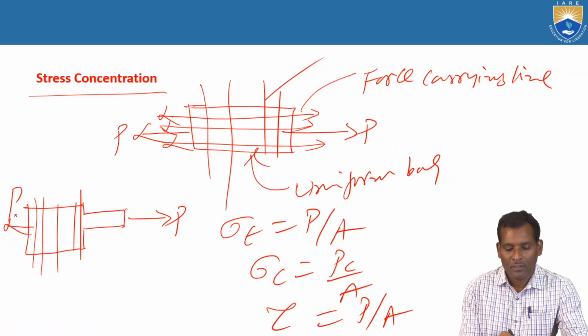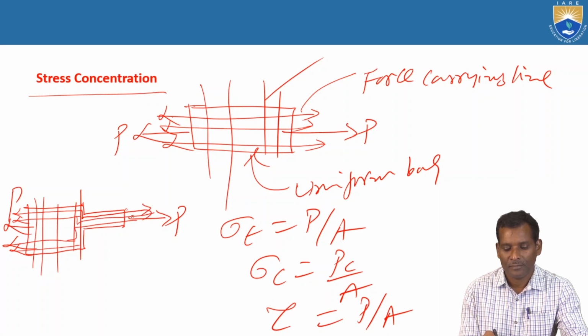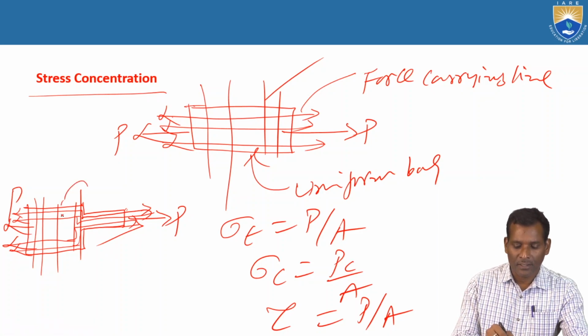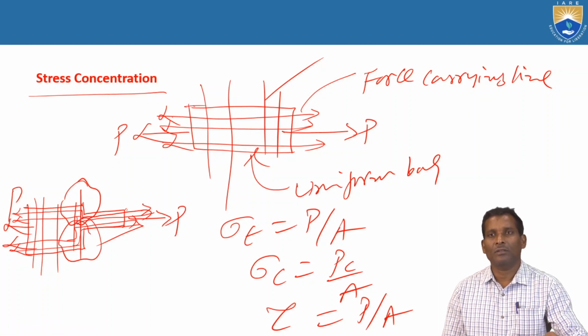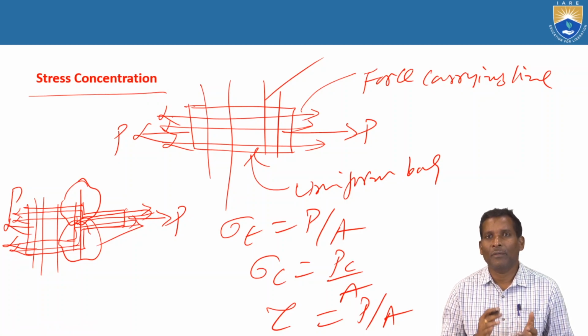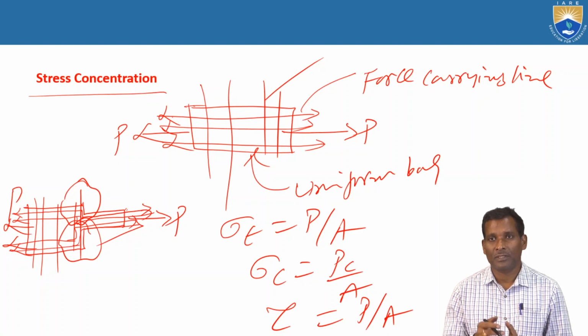The load carrying lines are uniform up to here, but here they suddenly change direction. It means that at this region more stress will be concentrated. This phenomenon is called stress concentration. How to avoid this stress concentration? We will see in the next session.